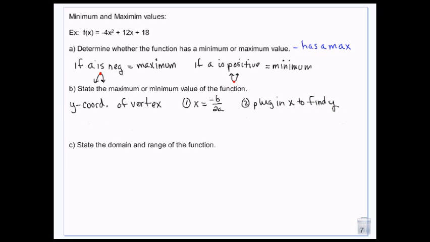So if x is -b over 2a, it's going to be -12 over 2 times -4. That's not fun. So I'm going to get -12 over -8, which is -3/2.